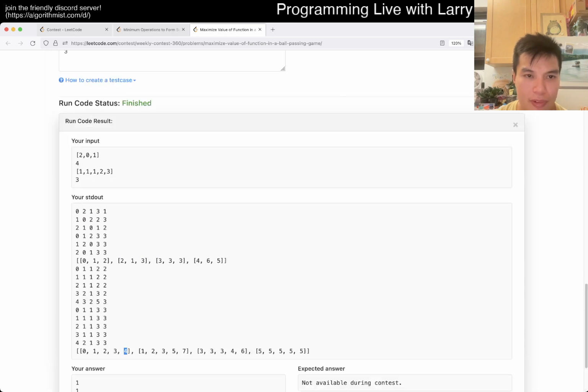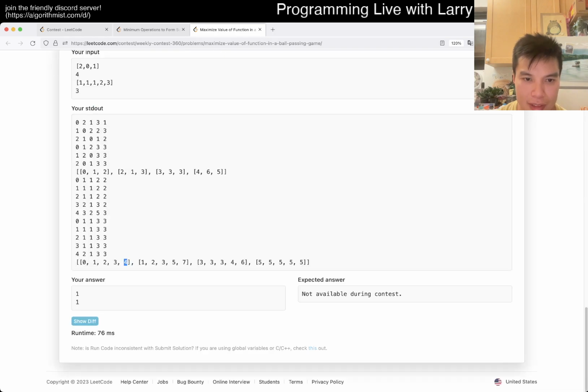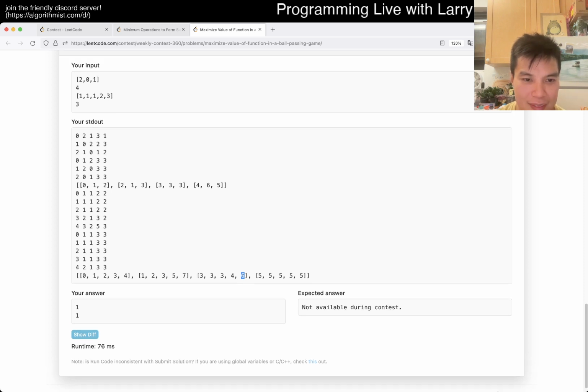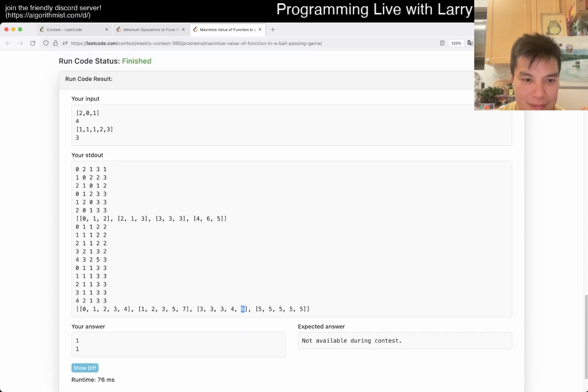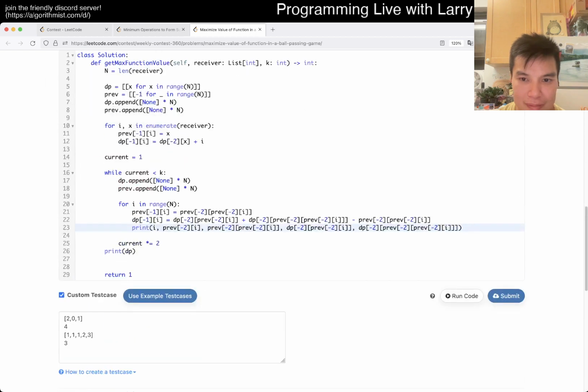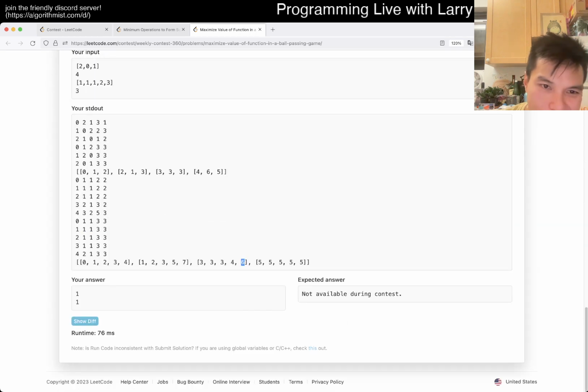Alright, so 4, 7, 9, 10, 7, and then the 6 is where it. Okay, so 4, it goes to 3 and 2, the prefix is 5 and 3, and the overlap is 2.